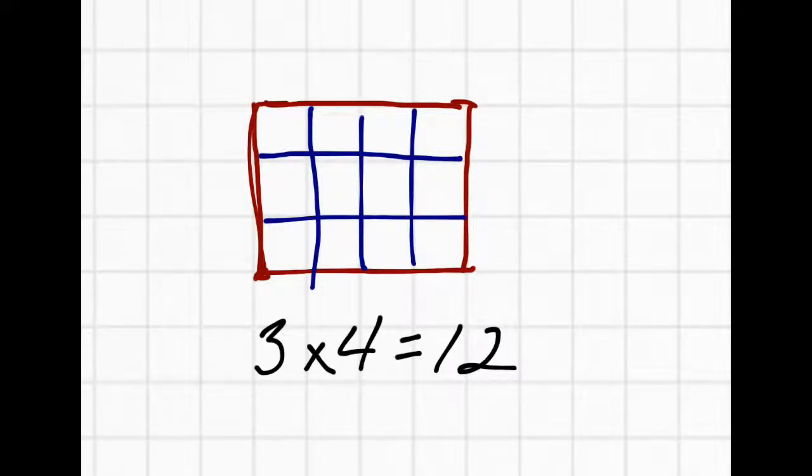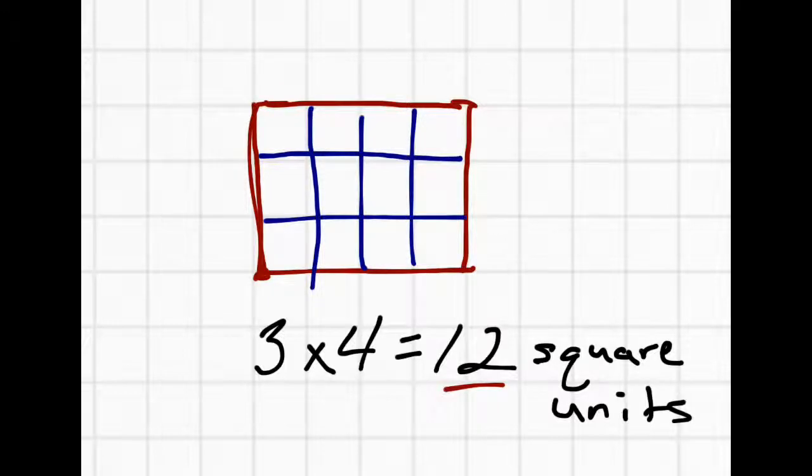The only difference here is that when we talk about the area, what we're saying is that this isn't just any old number 12. This is 12 square units. And depending on the size of the measurements that we're taking, it'll be different square units.